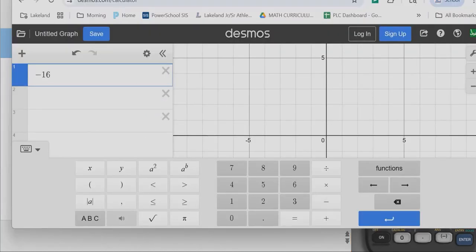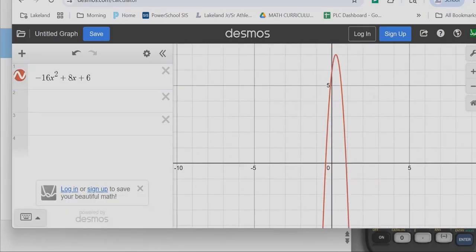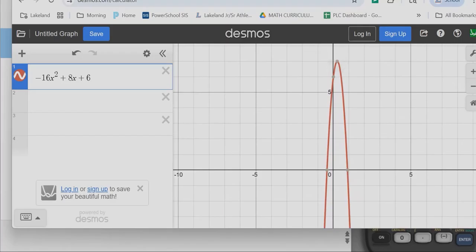Switching over to Desmos here, I can type that equation back in on Desmos. So there's negative 16t squared plus 8t plus 6. The nice thing about Desmos is I can click on the highlight points, right? That vertex, that maximum takes place at 0.25 seconds, which is about what we said, and 7 feet.